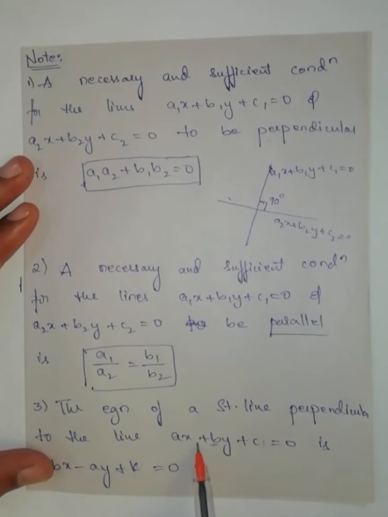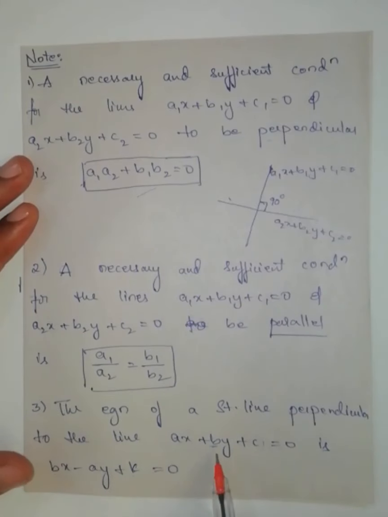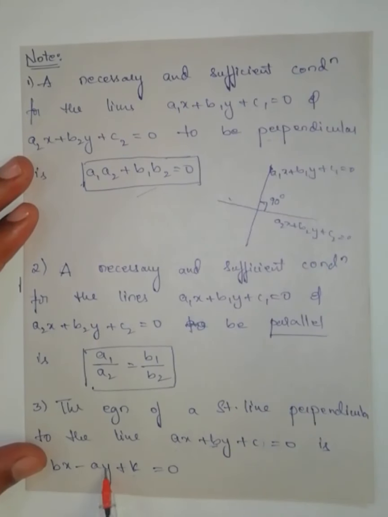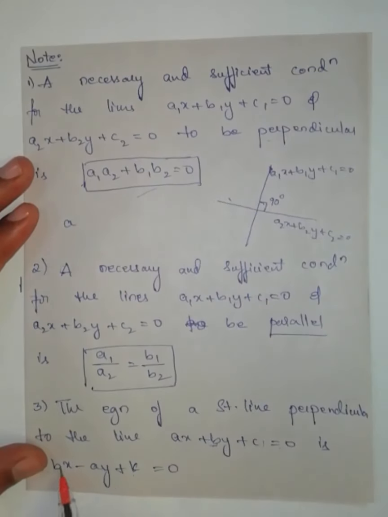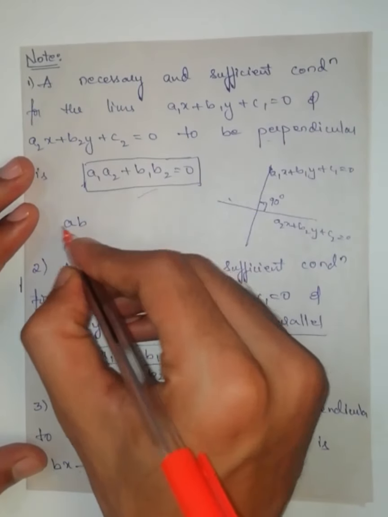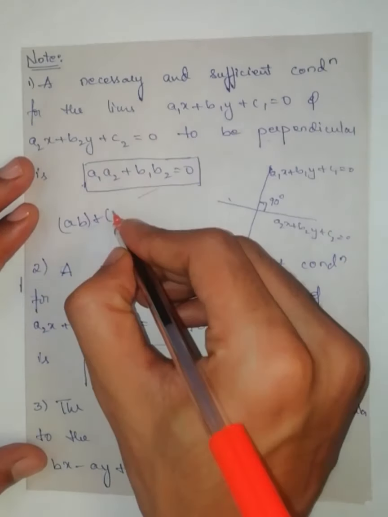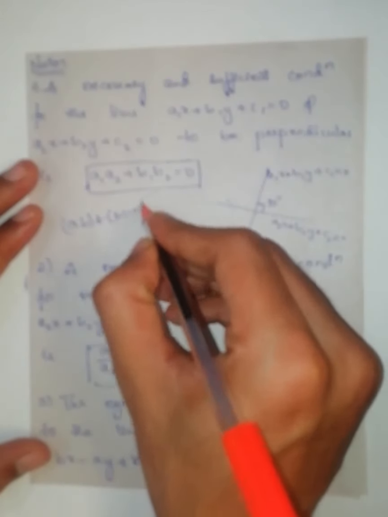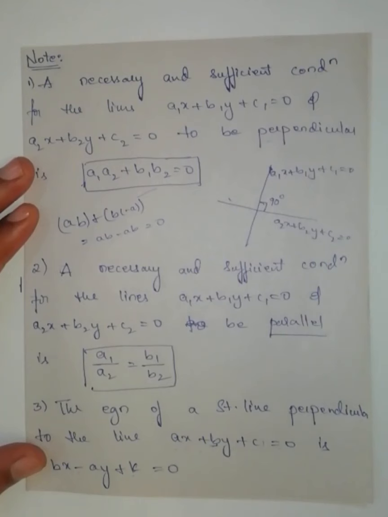If I multiply these two using this condition, I get a1 is this one, b1, a2, b2. If I multiply, what do you get? A into b plus b1, which is b, into minus a. This becomes AB minus AB, which is equal to 0. Therefore, these two lines are perpendicular.